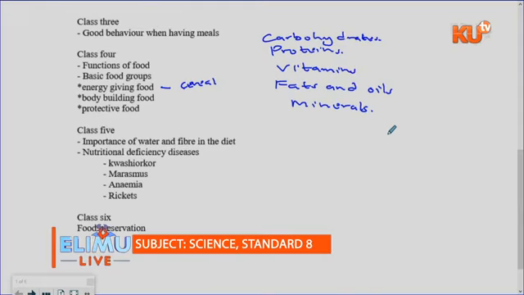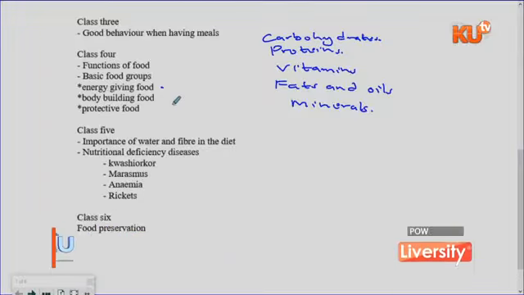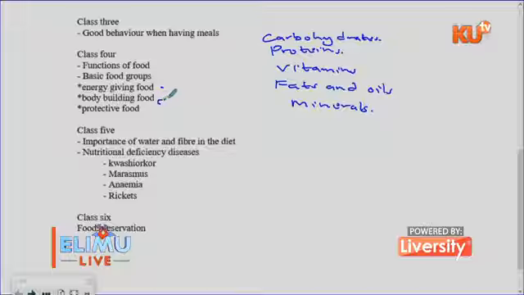If we come to bodybuilding food, as I said earlier, it is also known as proteins. We obtain bodybuilding foods from animal products, those products that we learned in class 4.